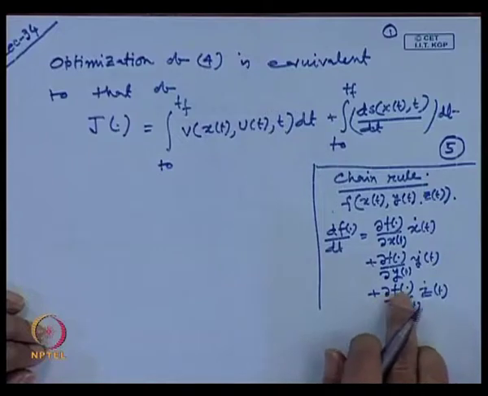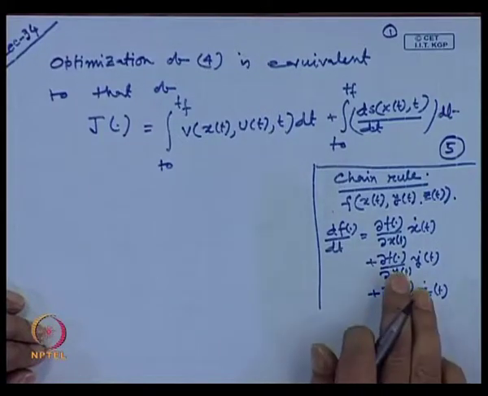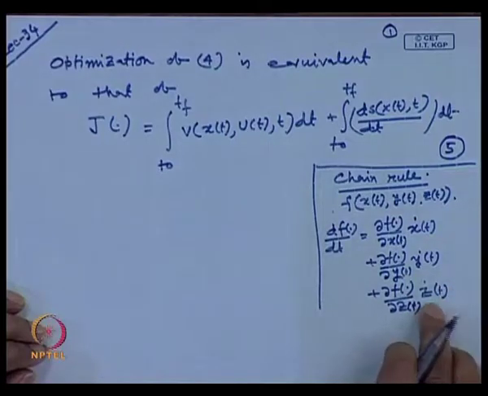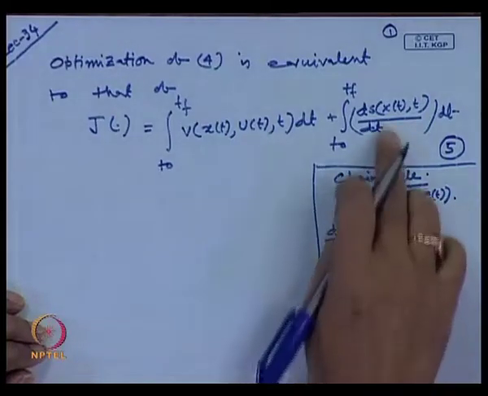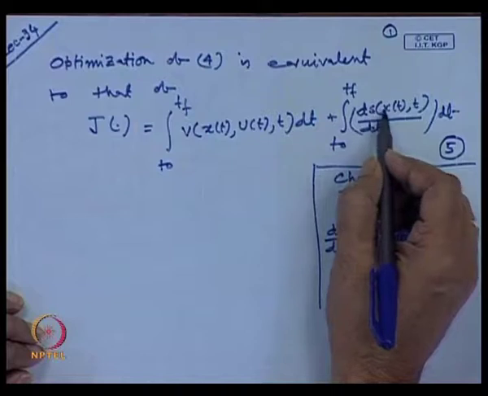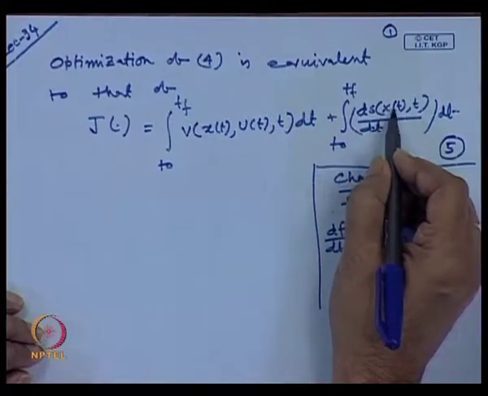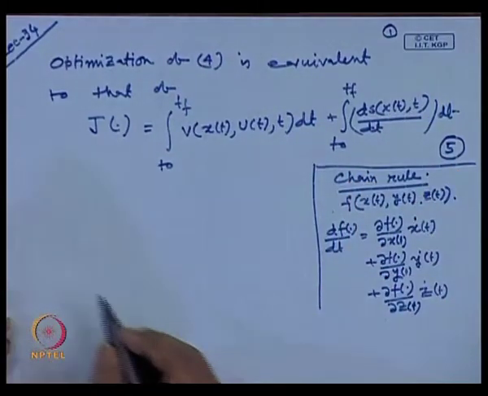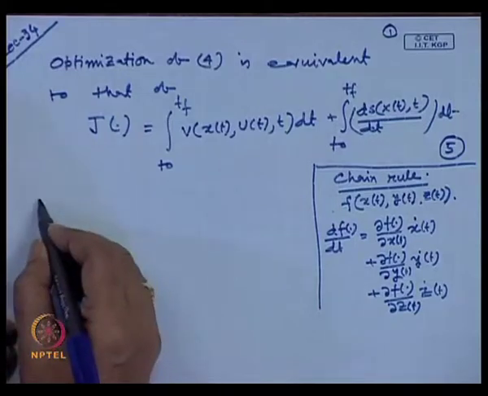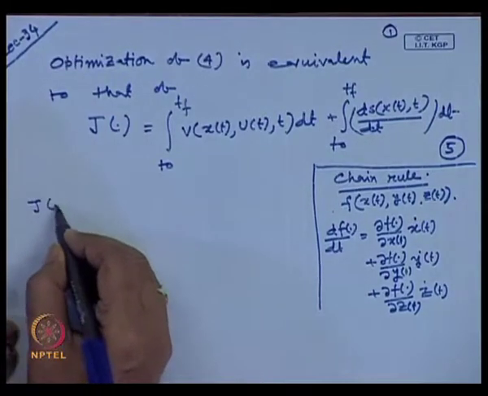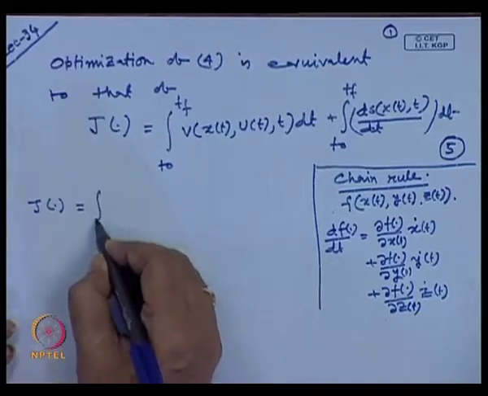Similarly, the partial differentiation of f with respect to z keeping x, y constant, multiplied by z dot. So, this chain rule I apply here, because s is a function of x(t) and t. Agree?